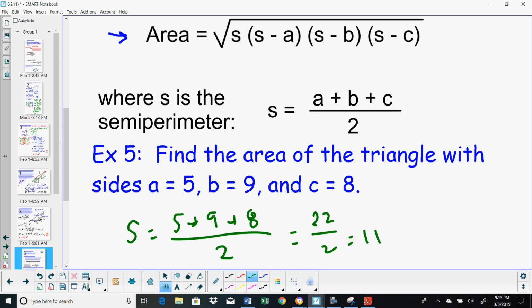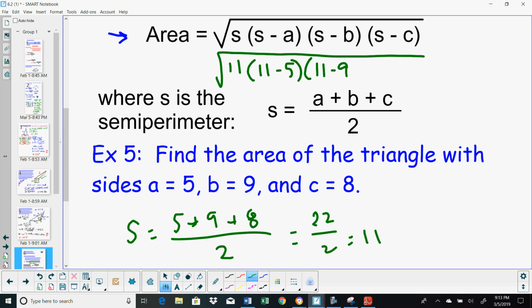I'm thinking it's 11. Hopefully you agree with me. So if that's 11, I'm going to plug that in here: 11 times 11 minus 5 times 11 minus 9 times 11 minus 8, and that is going to be our area.